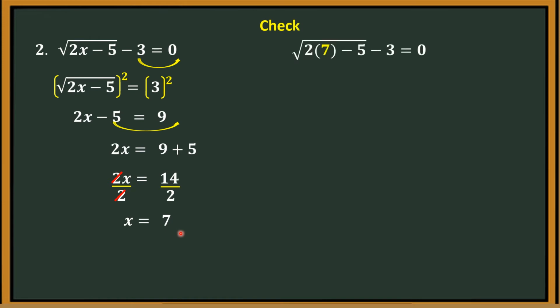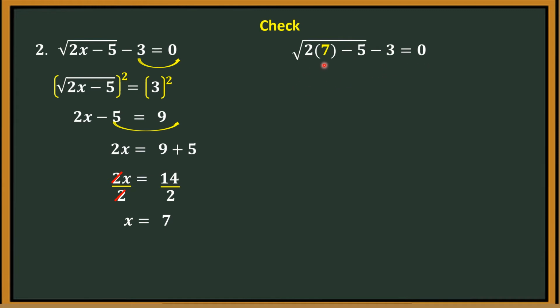Let us check. Let us use the original equation. So that is the square root of 2 times x, substitute the value for x, which is 7, minus 5, minus 3 is equal to 0.